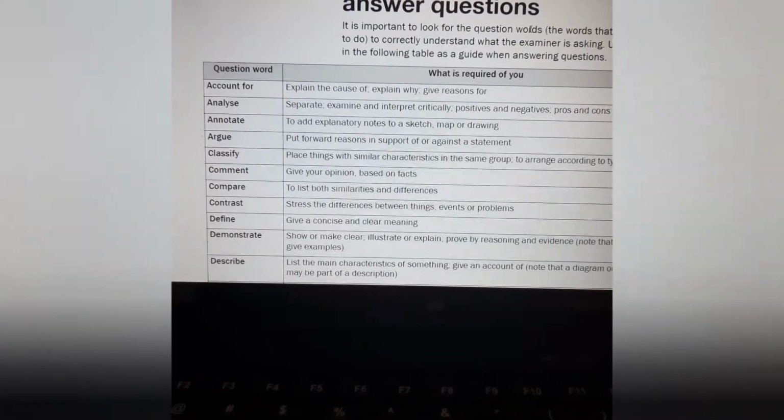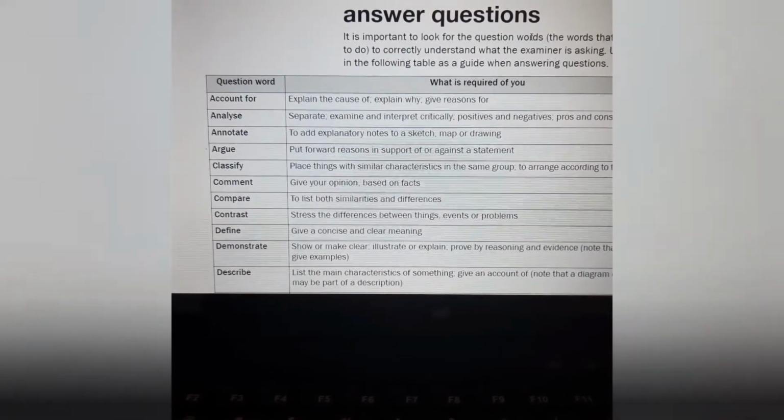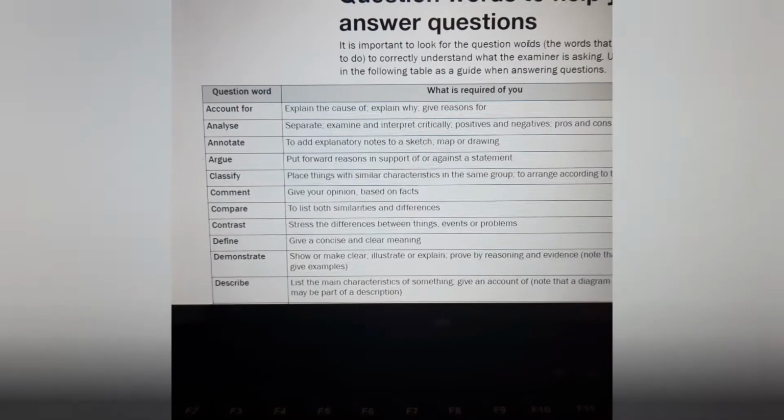You can only be wrong in the comment section when you give your opinion that is not based on facts. For example, they ask you anything that is weather related and you give your opinion based on land, based on trees, based on houses. That's you deviating from the question being asked.